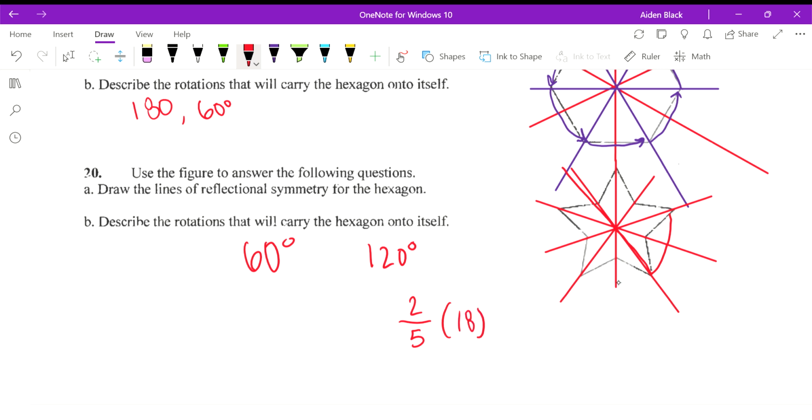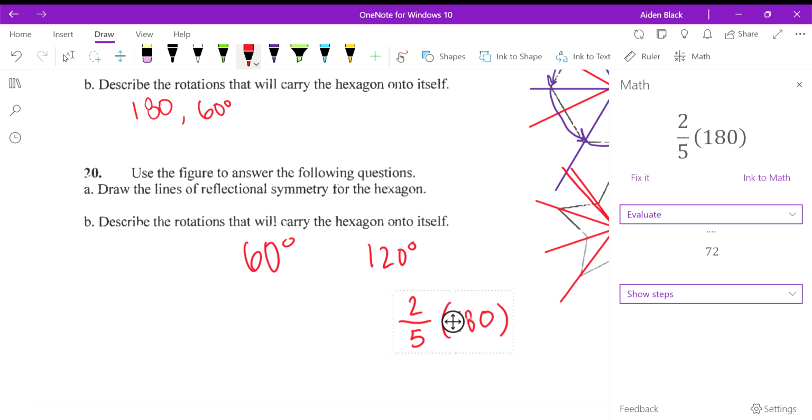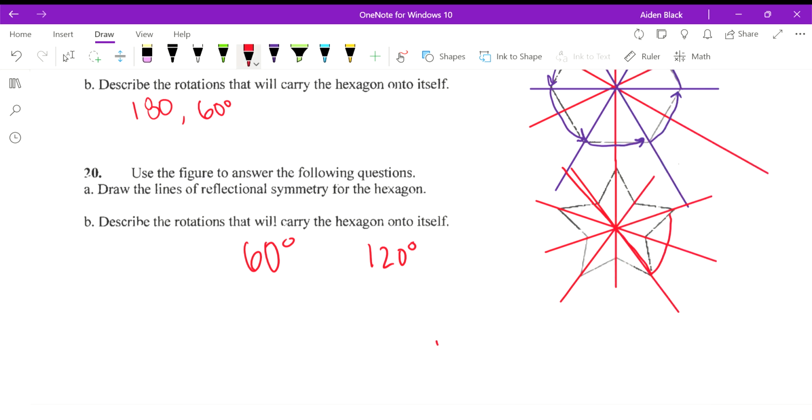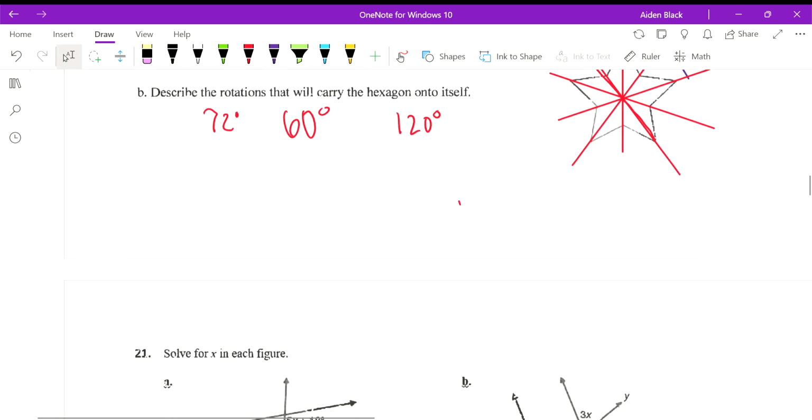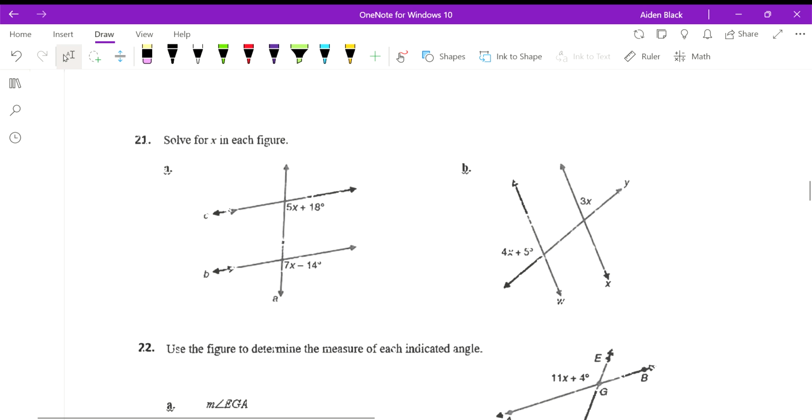What would 2/5 of 180 be? 72 degrees. Okay. And then just multiples of 72 degrees that go up to 180. Alright, those are questions you don't have to worry too much about. They might be on the second part of your final, the district final.